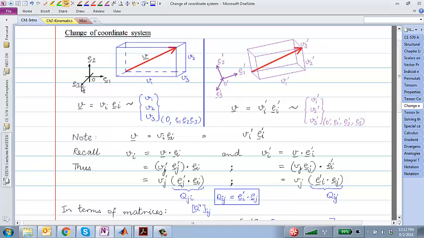But the fact that you use cosines and sines to relate those two sets of vectors is derived from the fact that this relationship, E1 prime dot with E1, is actually a cosine of that angle, right?